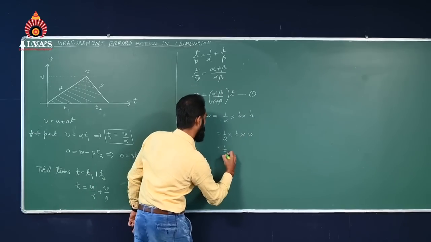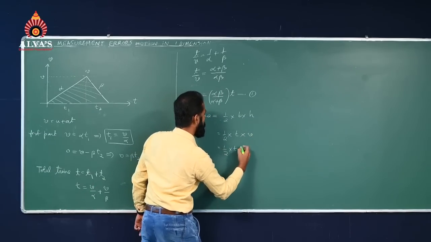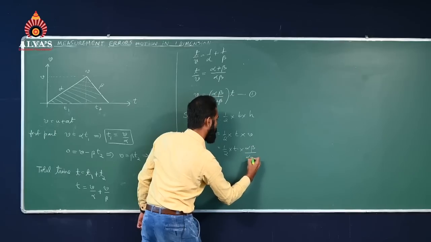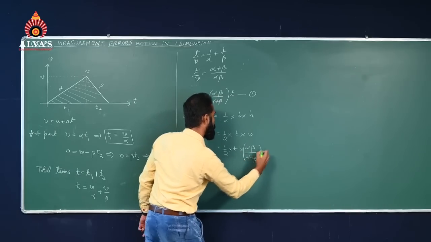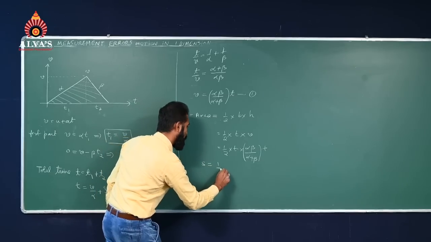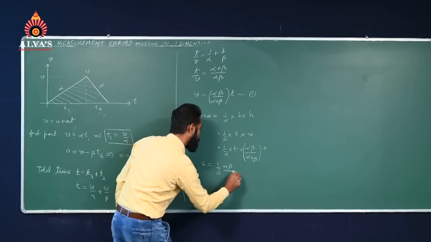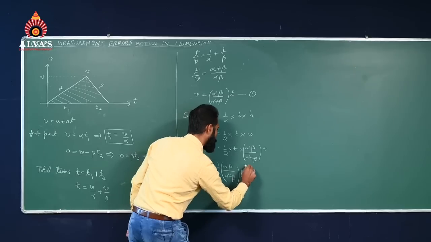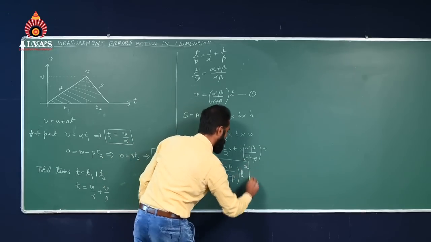So this becomes half into T into V. V I have already calculated, so that becomes alpha beta divided by alpha plus beta into T, or the shortcut formula will give me half alpha beta divided by alpha plus beta into T square. So this is the shortcut formula that can be used.